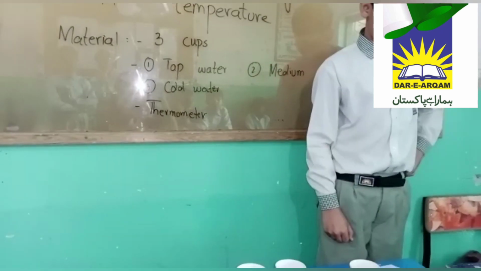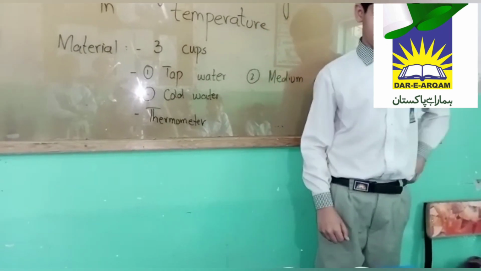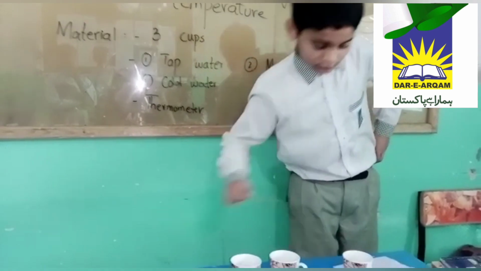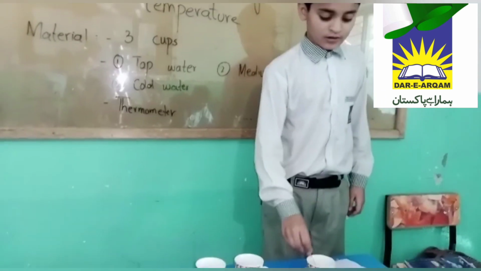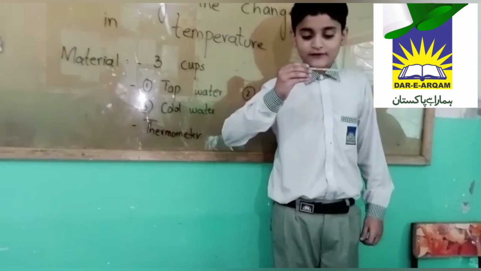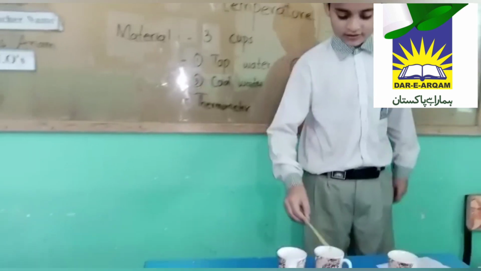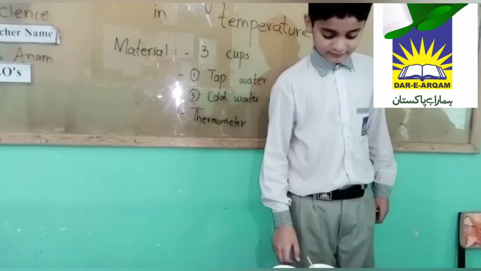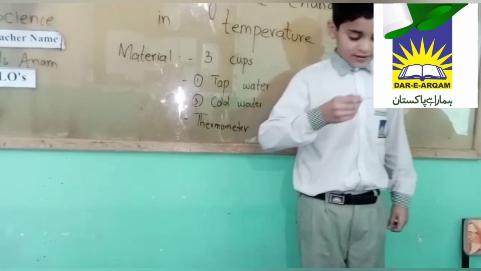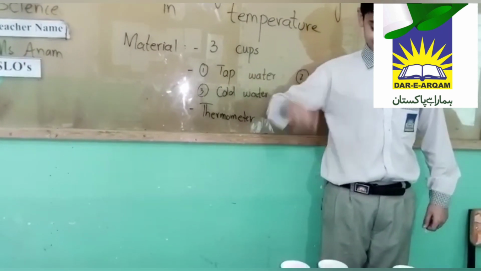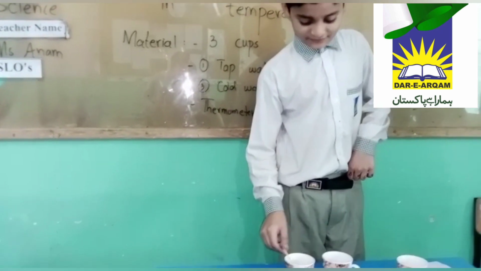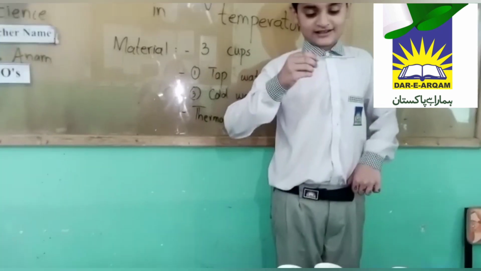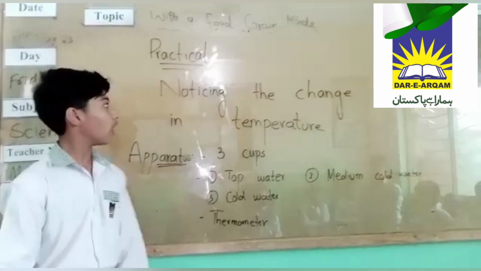In 3rd cup, cold water. First one, 30 Celsius. Second, 15 Celsius. Third, -2 Celsius.